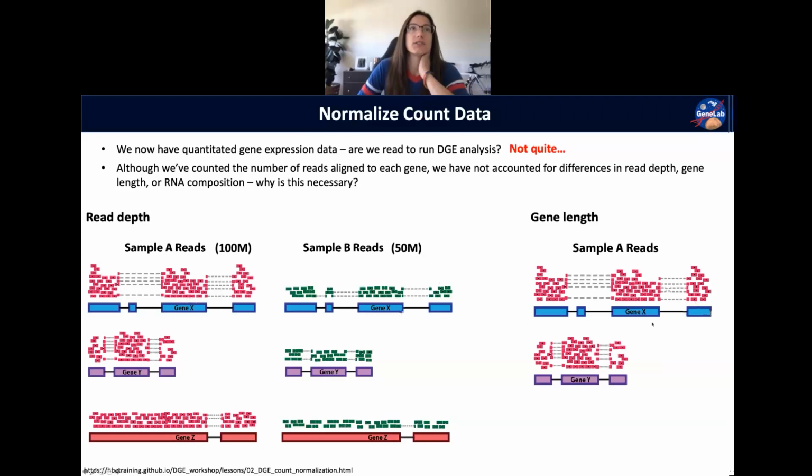Gene length: we have gene X, which is a certain length, and gene Y, which is a certain length. Keep in mind that gene X is going to be the same length in sample A, sample B, sample C, and any sample we look at, as long as we're using the same reference genome.